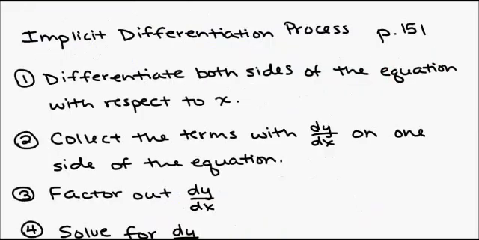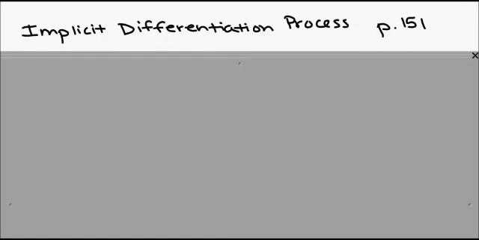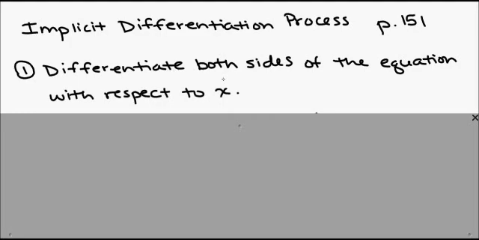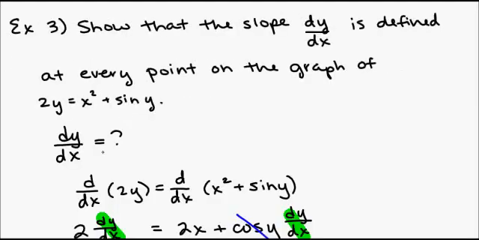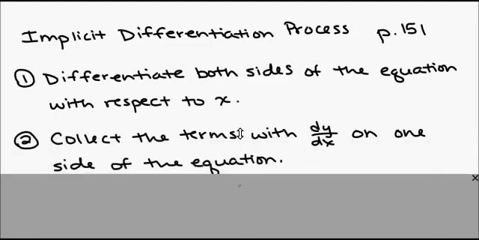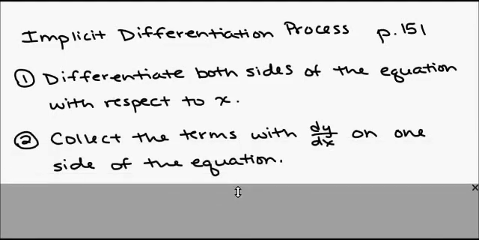Okay. So this is a summary of how we differentiate implicitly. This is on page 151 in your book. This is word for word out of your book. So step 1, differentiate both sides of the equation with respect to x. So that is this step here, the d/dx that you put in each side of the equation. Step 2, collect the terms with dy/dx on one side of the equation.